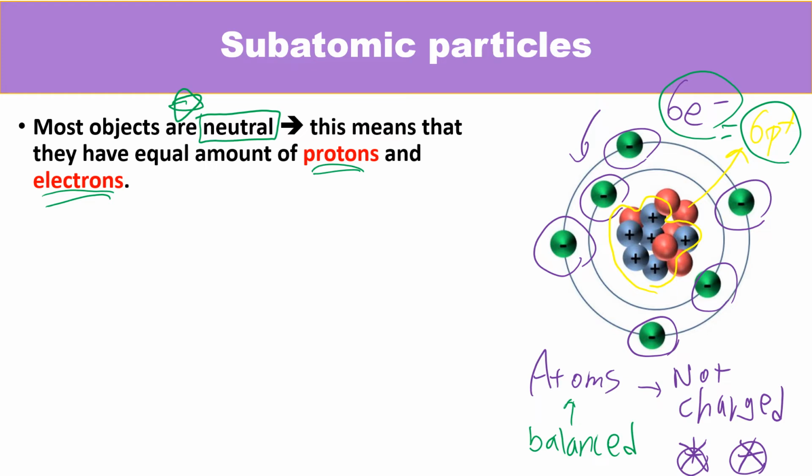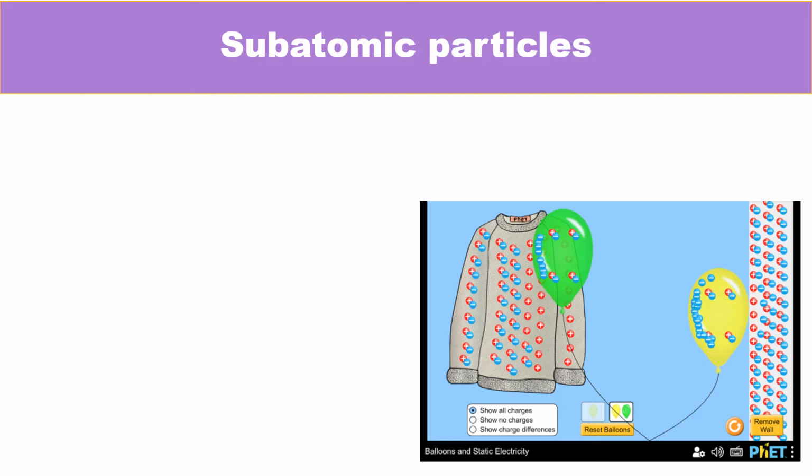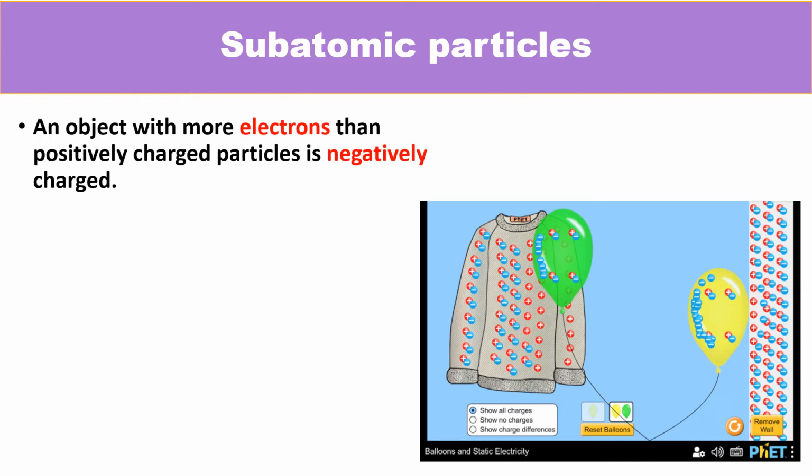But again, there is one way that we can make it unbalanced, and that is through the process of static electricity. Basically, an object with more electrons than positively charged particles is negatively charged.